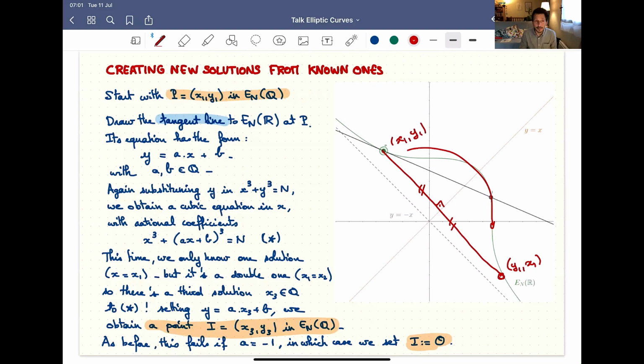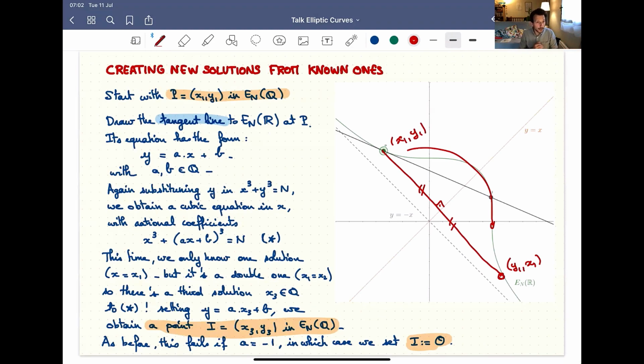But it's not really different from the first one, because remember what we did later on. We started from a solution P, and with this tangent process, we could compute P plus P, P plus P plus P, and we get infinitely many different solutions.